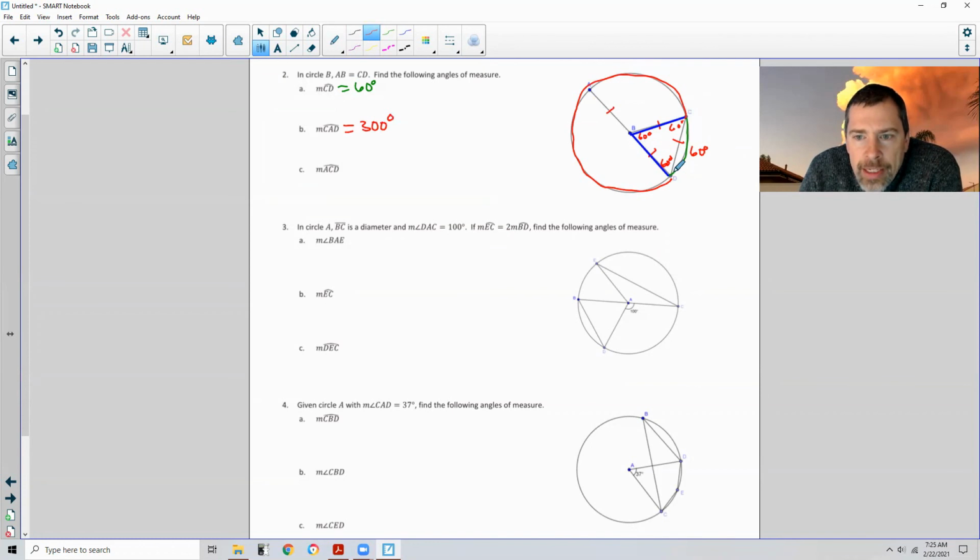So arc CAD is 300 degrees. The measure of major arc ACD, so let me delete these arcs. I'll leave the values, but now we're going to talk about starting at A, go to C, and continue to D. All right, well, this is a diameter, so that equals 180 degrees.